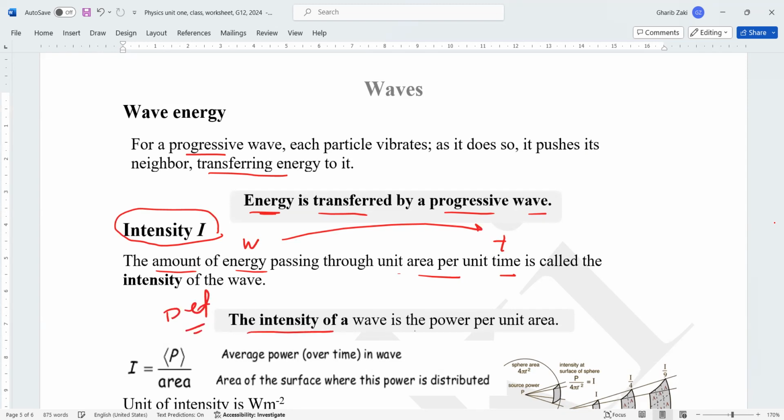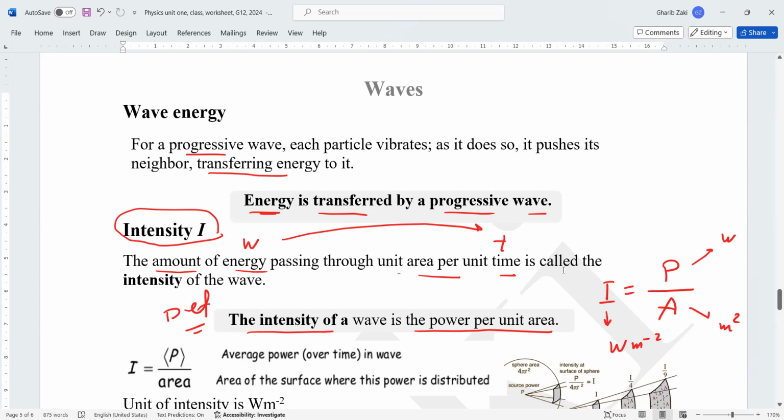The intensity of the wave is the power per unit area: I equals the power P over the area A. The power is measured in watts and the area in meters squared, so the unit of intensity is watt per meter squared. This is very important.